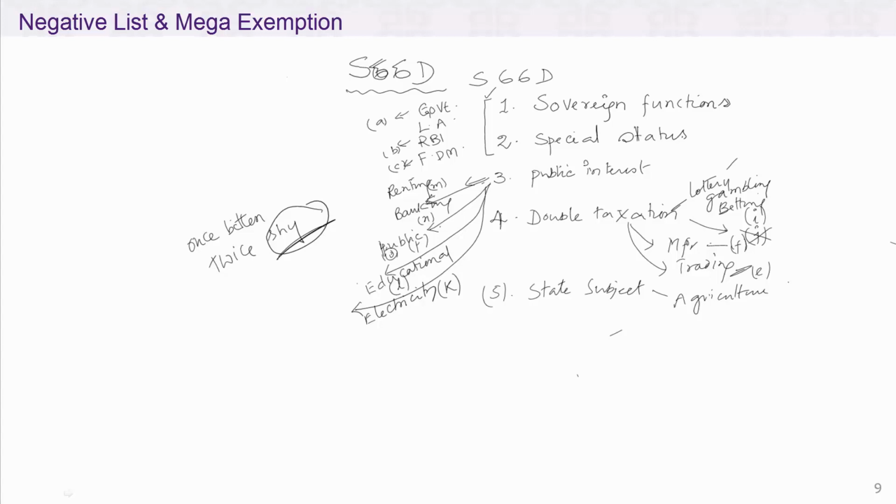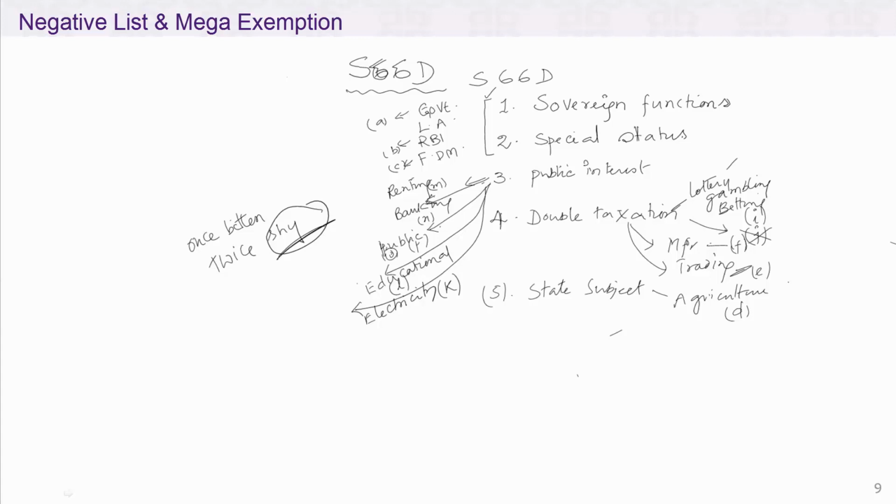It's a serious matter. So agriculture has been kept out of the negative list, but not the entire thing. There are certain areas which are taxable, otherwise non-taxable. So at least some major portion is there under the negative list. It has been given under D.